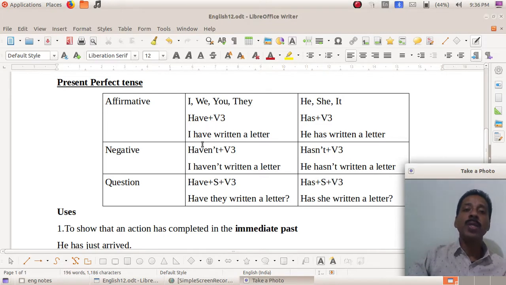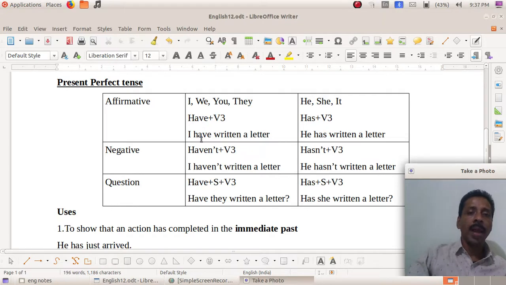And where do we use have? With the pronouns I, we, you and they. So have plus V3 is to be used. But if it is third person singular, he, she and it, has plus V3 form is to be used. So I have written a letter, he has written a letter, etc. And if it is negative, already there is auxiliary have or has, so we have to use the negative form with these auxiliaries.